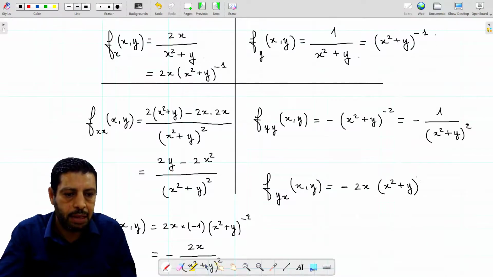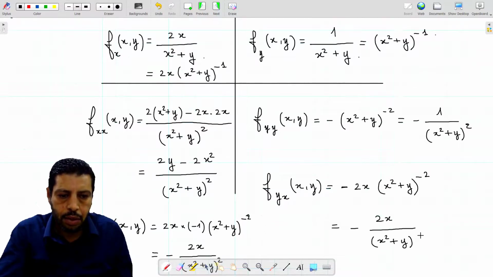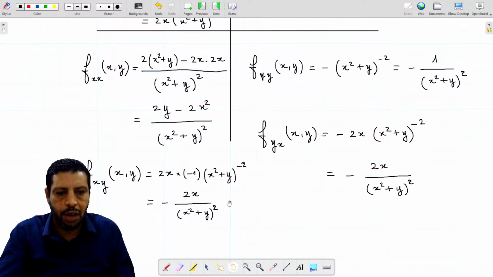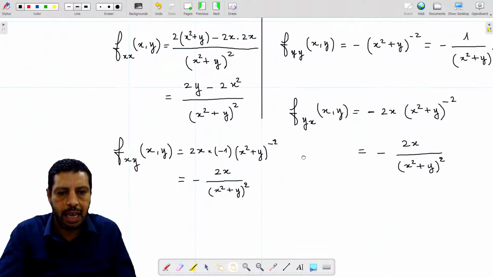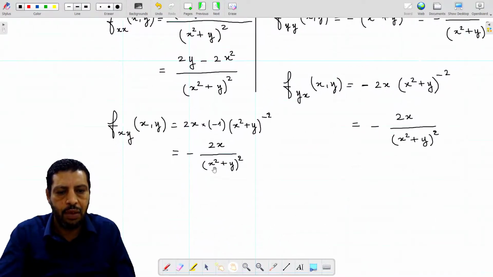It means minus 1 minus 1, which is minus 2. Of course, we can write it as negative 2x over x squared plus y to the power of 2. And we can check that we obtain the same result for fxy and fyx. You can check by yourself that we have the same one.